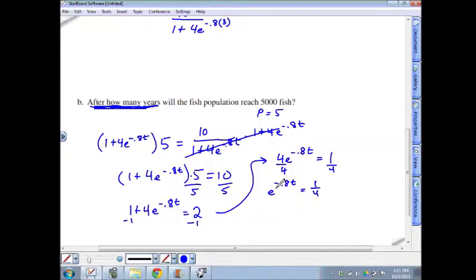And now that the exponential term is isolated, we can get rid of the base, in this case by using a natural log. And finally, to isolate t, you can divide by negative 0.8.